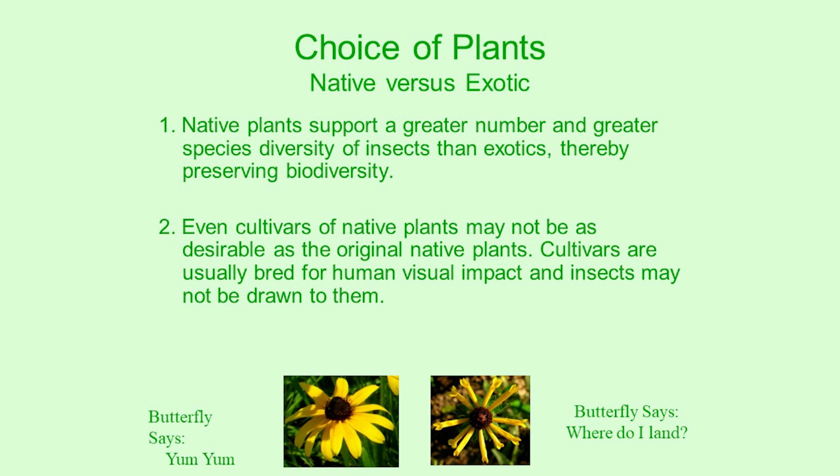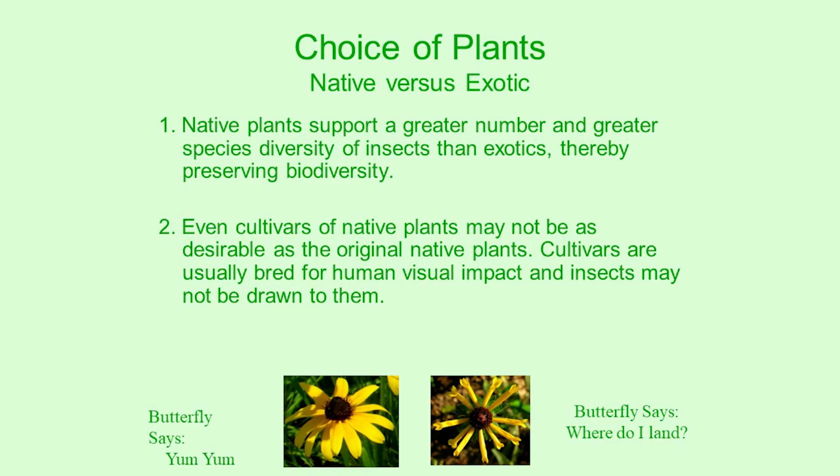Native plants also support a greater number and greater species diversity of insects than exotics, and thereby preserve biodiversity. Even cultivars of native plants may not be as desirable as the original native plants. Cultivars usually are bred for human visual impact, and the insects may not be drawn to them. For example, on the bottom there, you see the black-eyed Susan.